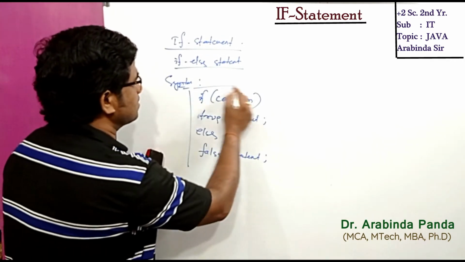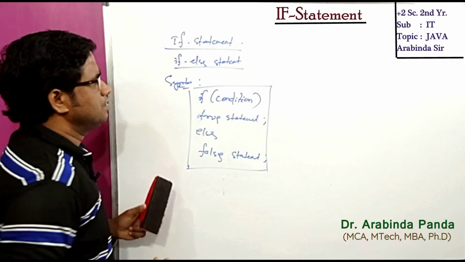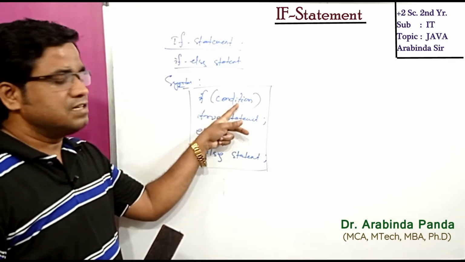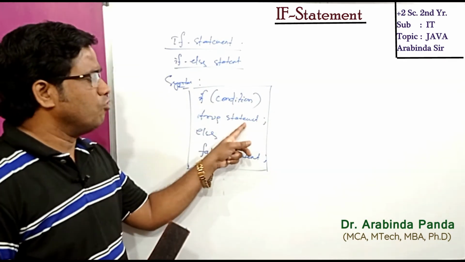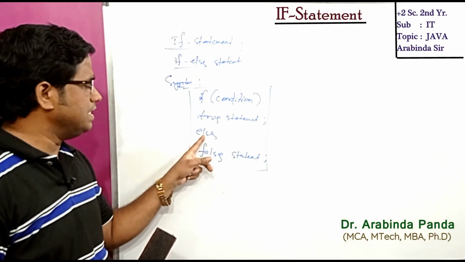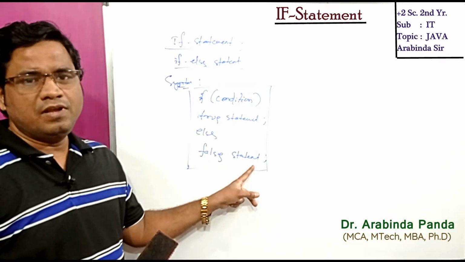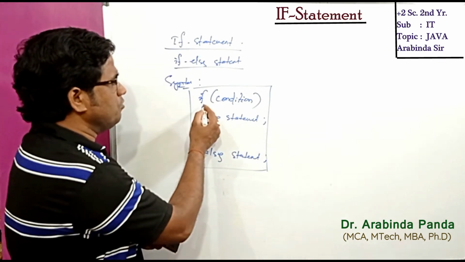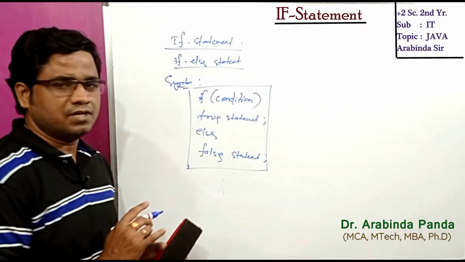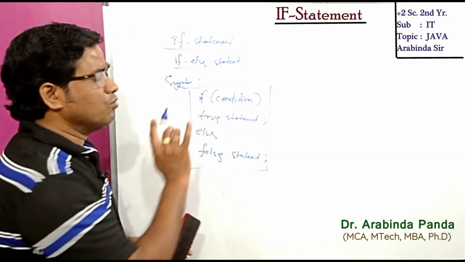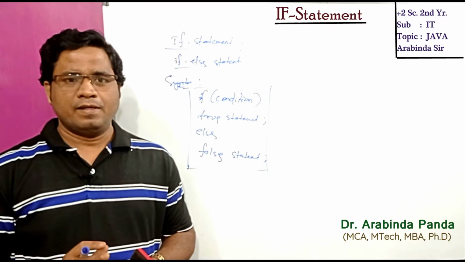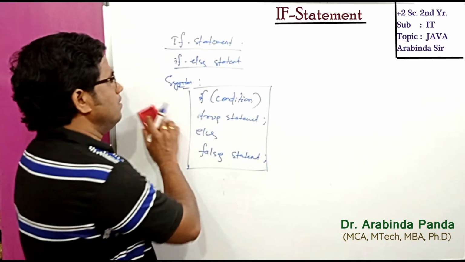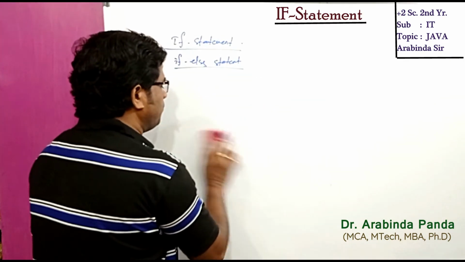So this is the syntax of if else statement. That is, if the condition returns true, then this statement will be executed, else otherwise the false statement will be executed. Here also you can put the curly braces if more than one statement is there, otherwise no curly braces are needed. So now discuss with an example.